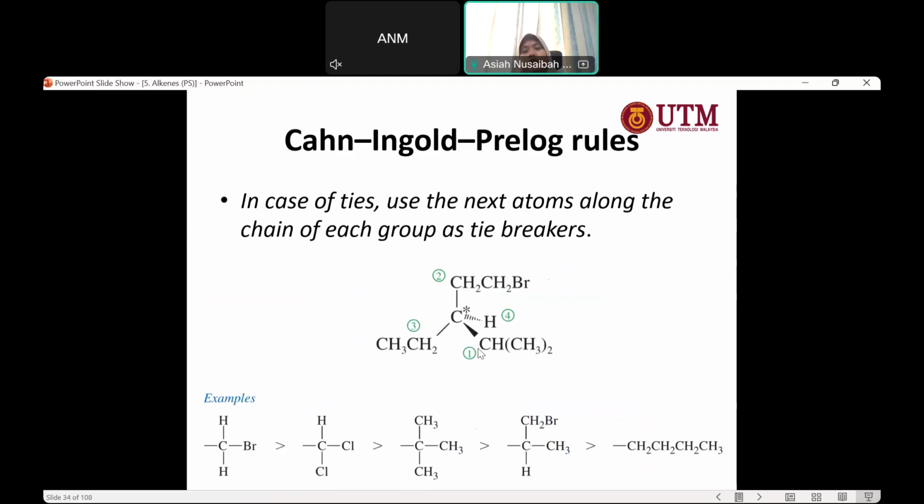But there are 3 C. Now what happened? In case of ties, because it's the same, we use the next atoms along the chain of each group as tiebreakers.